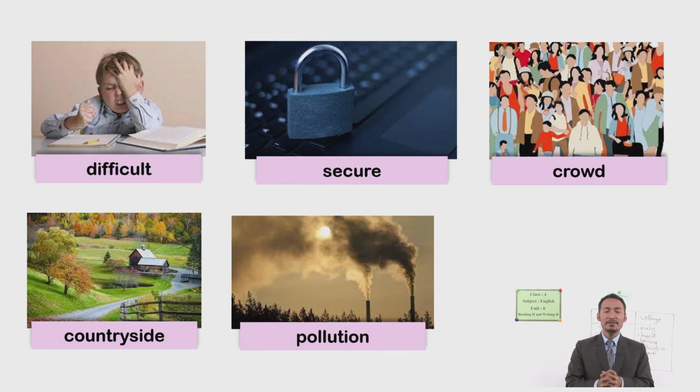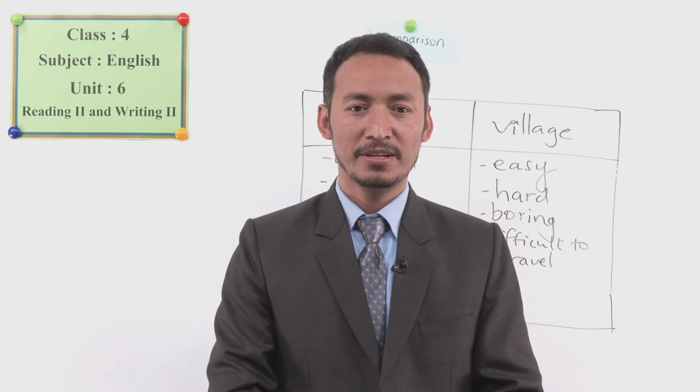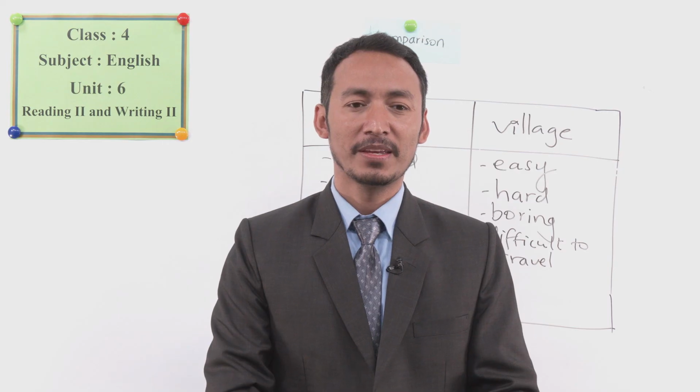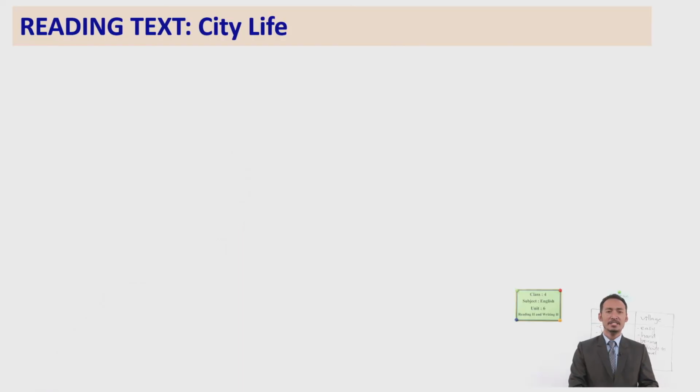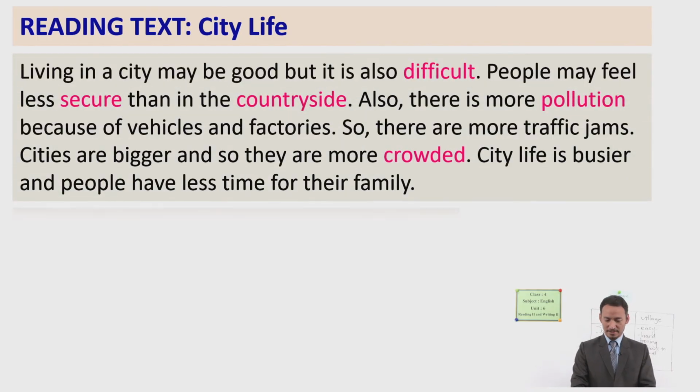Okay, students? Now, I would like to take you to another exercise, that is reading and again understanding the text for answering the questions. Now once again we will look at the text quickly.